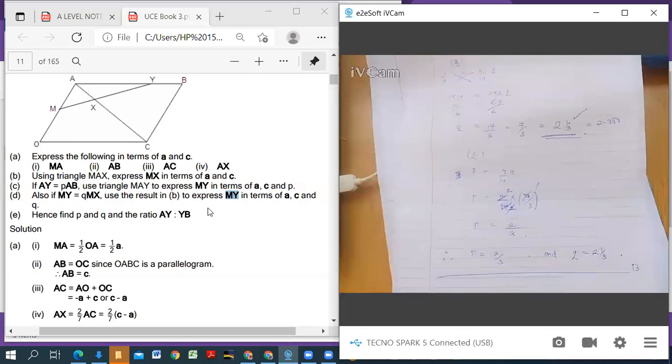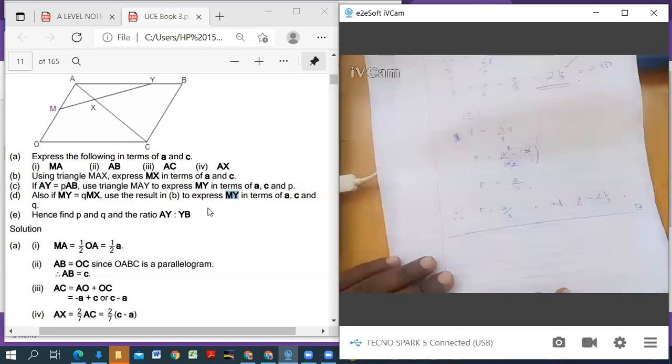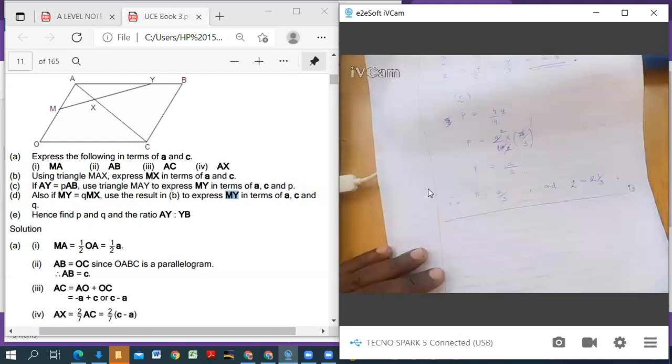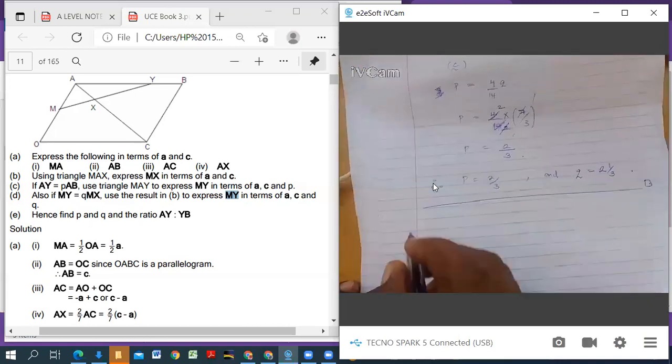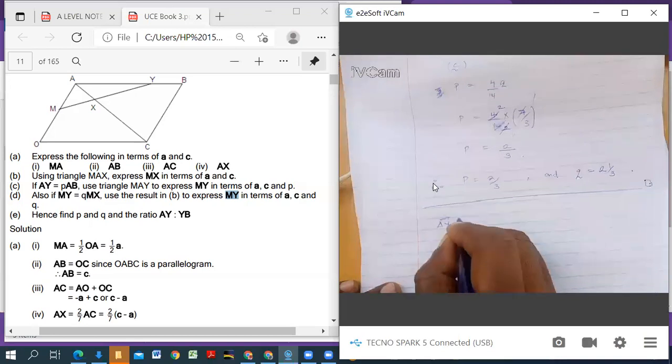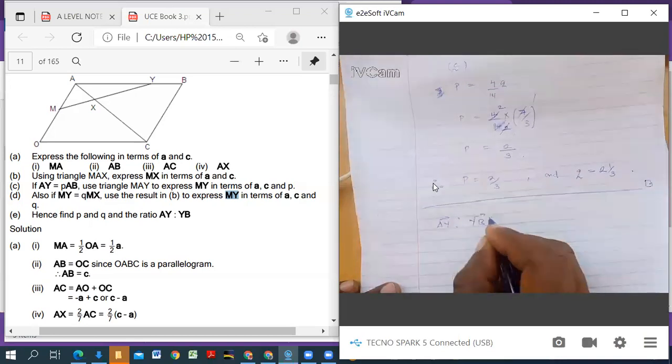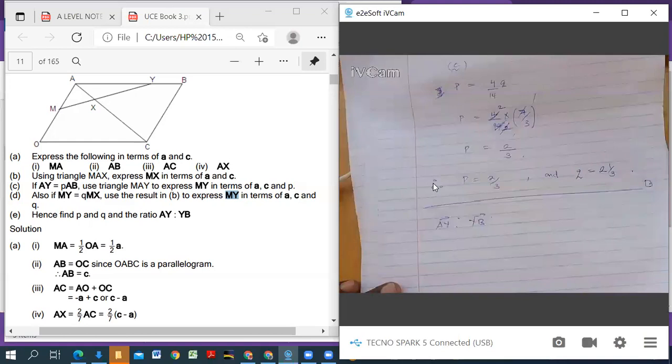The story has not ended. So they're telling us to find the ratio of AY, sorry, to YB. So when they tell you to find the ratio, first find this and find this, then divide the answer of this by the answer of that. Are we together?